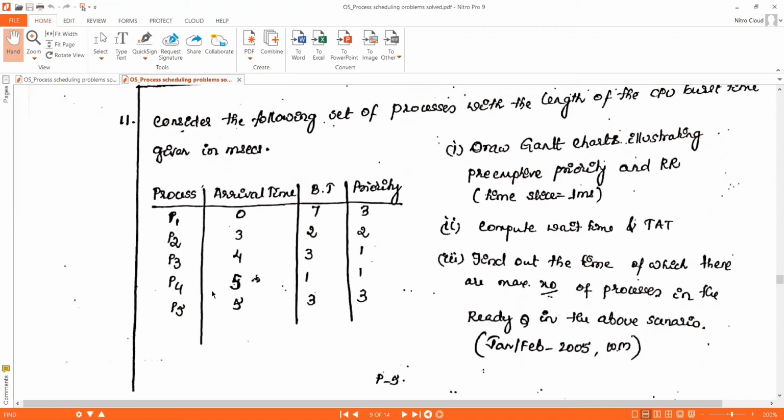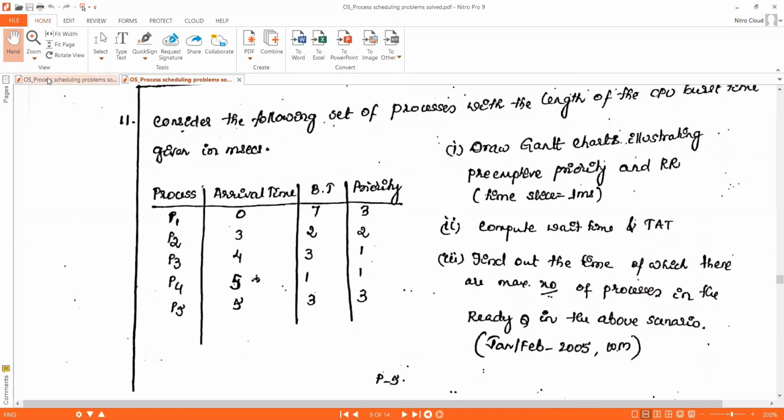It will check the order of arrival to the ready queue. Process 4 arrived first to the ready queue. Even though process 4 and process 5 both came at the same time, in this order we have process 4 first, so process 4 will get the CPU first.